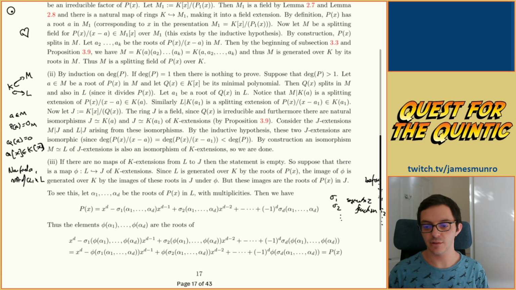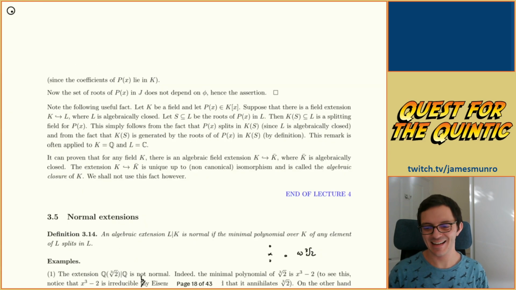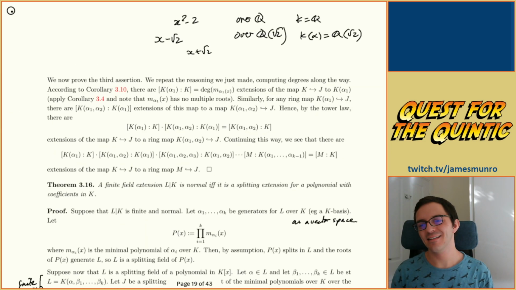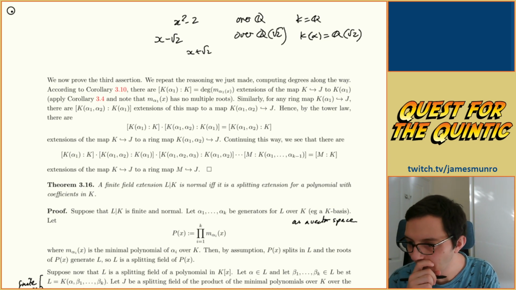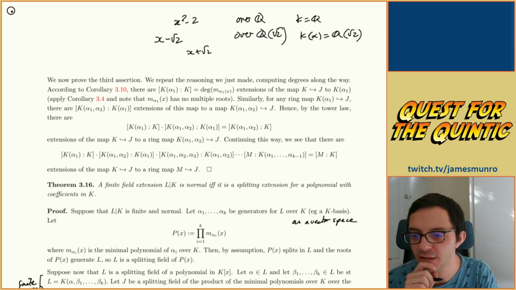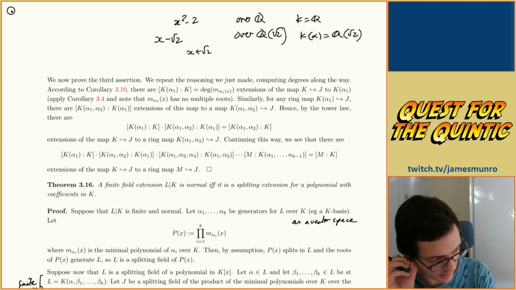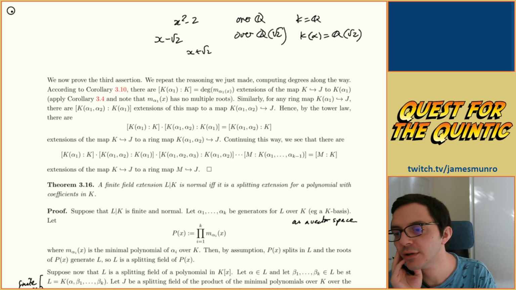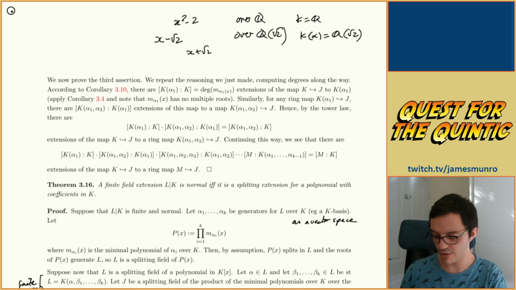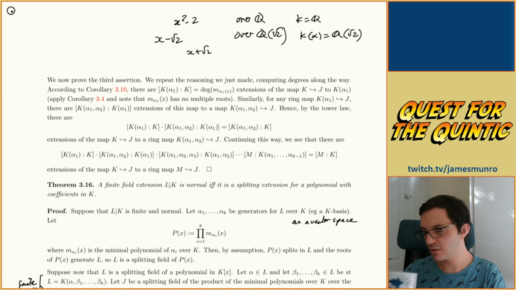Wait, where's 3.15 gone? It was right here. Vanished. And here we are. And then multiply them together. On the way up, you had lots of these minimal polynomials. Do I just want to do the one for a simple extension though? Do I need this? Or do I just need to talk about simple extensions where you throw in one of the roots?